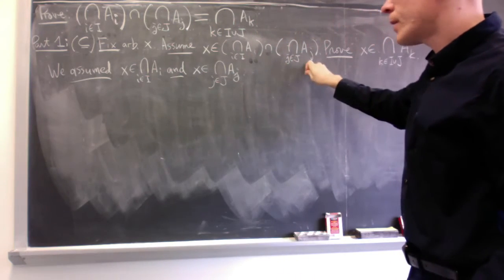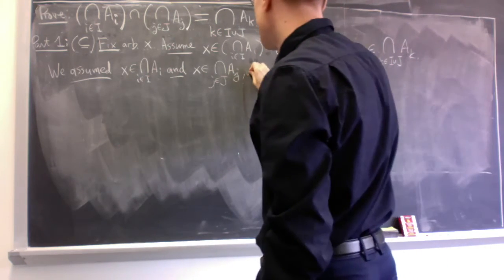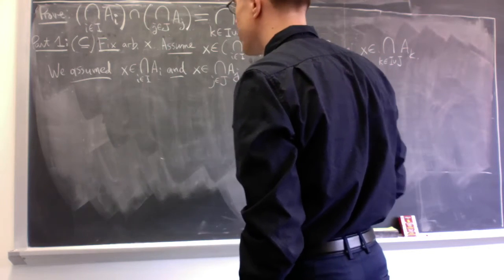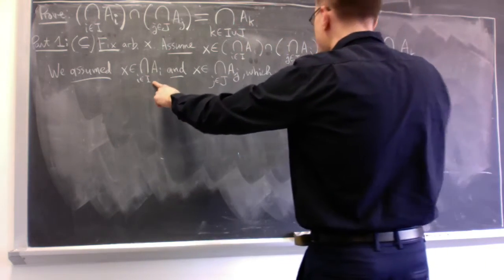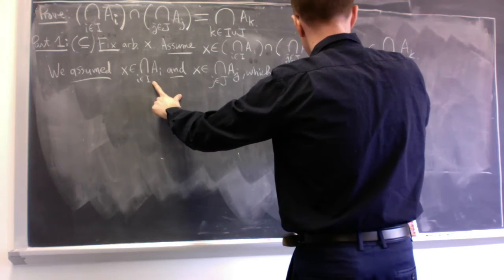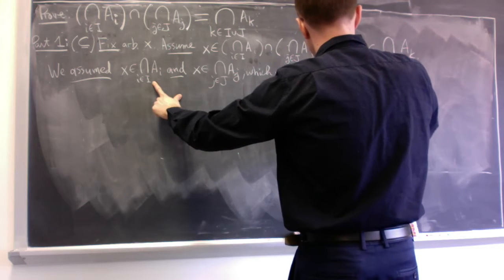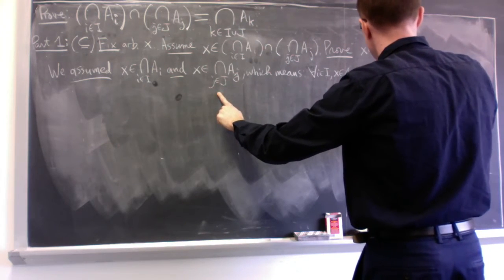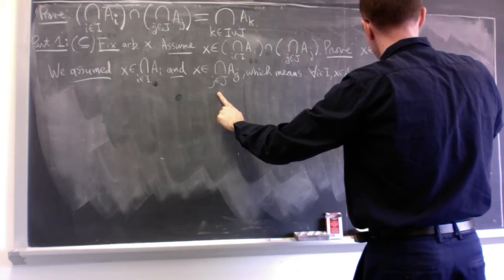This set, that set. Which means, let's keep going, which means we've assumed for every I in I, x is in AI, and for every j in J, x is in AJ.